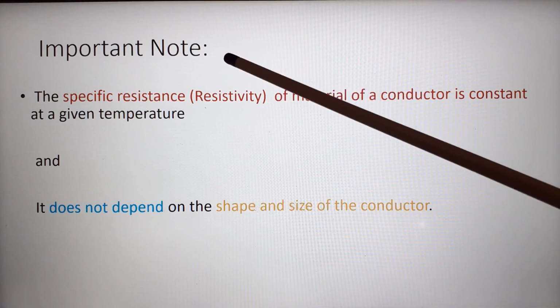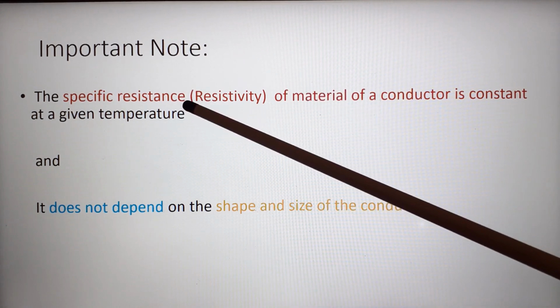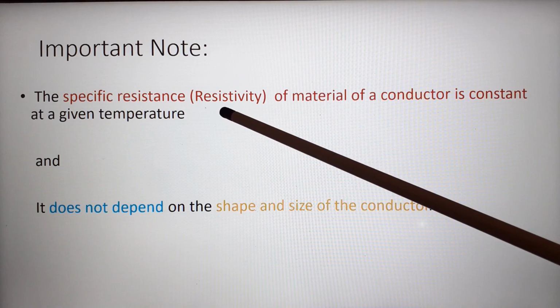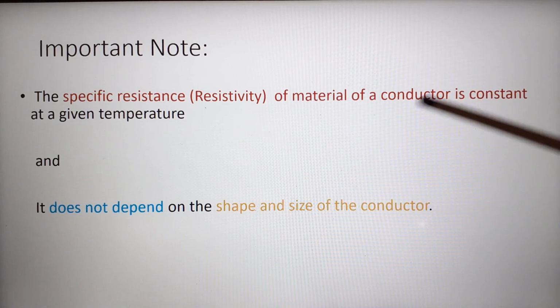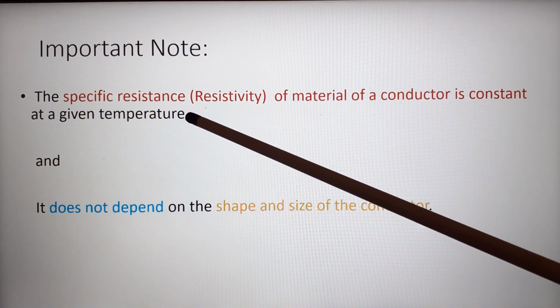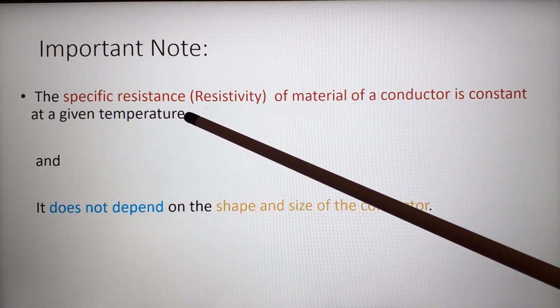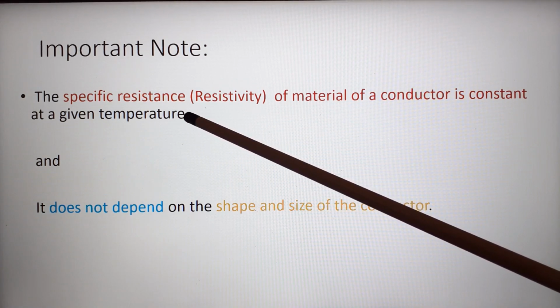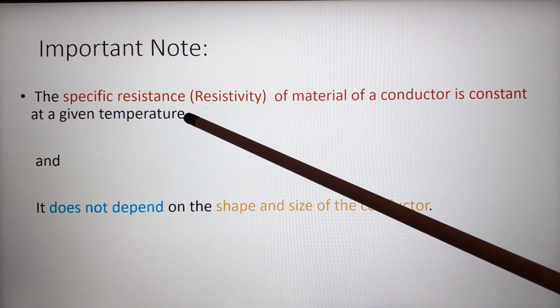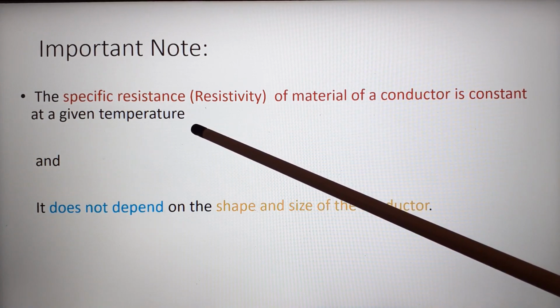Let's go for the very important note. Specific resistance or resistivity is constant at a given temperature. That means if you change the length, if you change the area of cross section, makes no difference to resistivity. But in case of resistance, we observed stretching the wire or folding the wire, then we are changing the length, area of cross section, then resistance was changing.